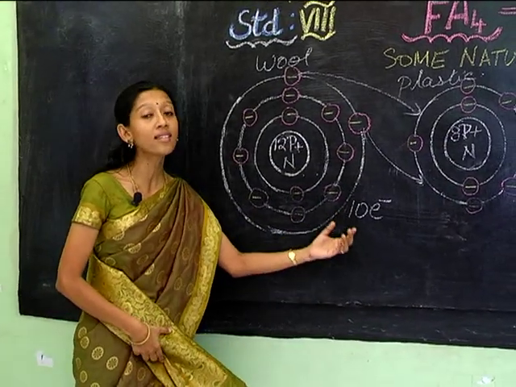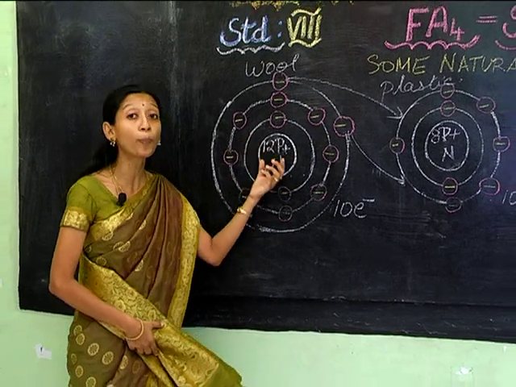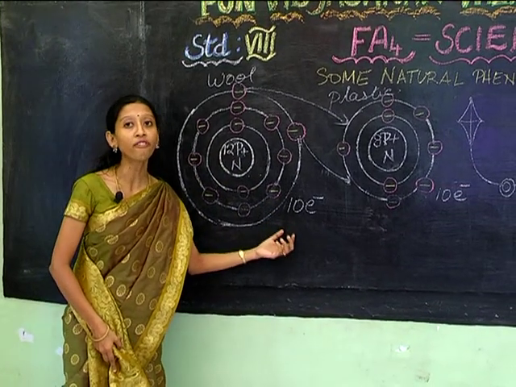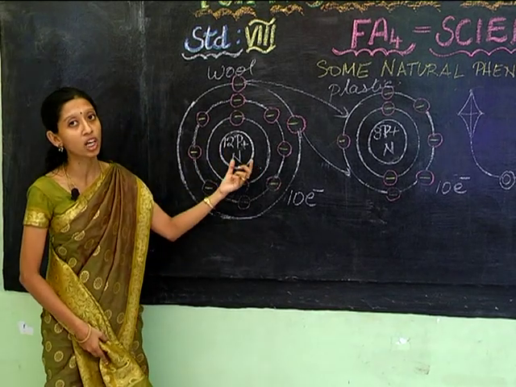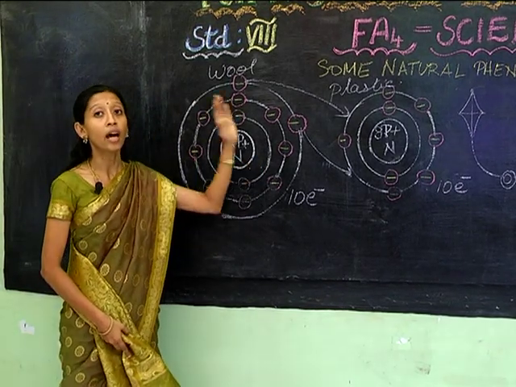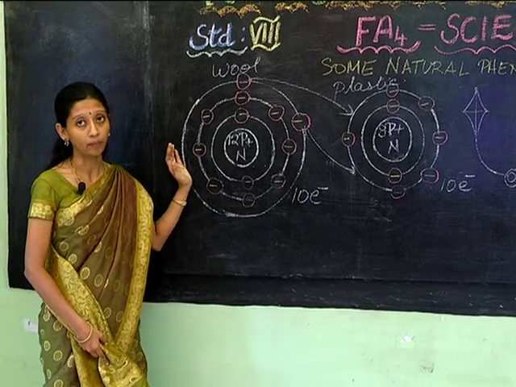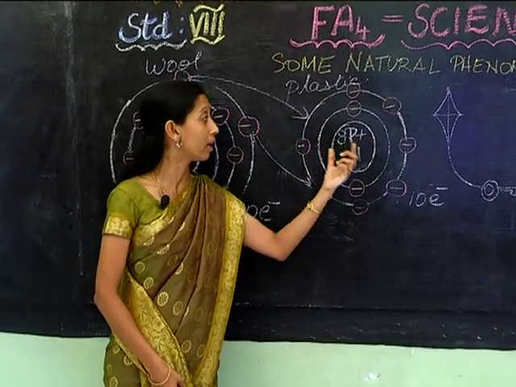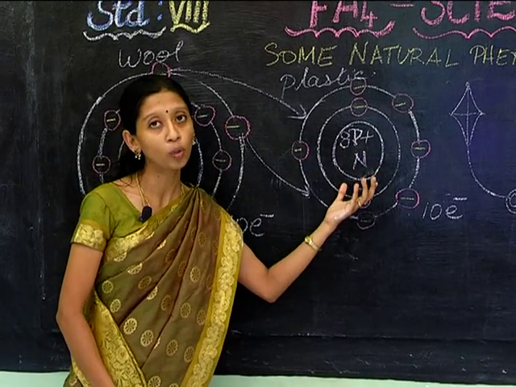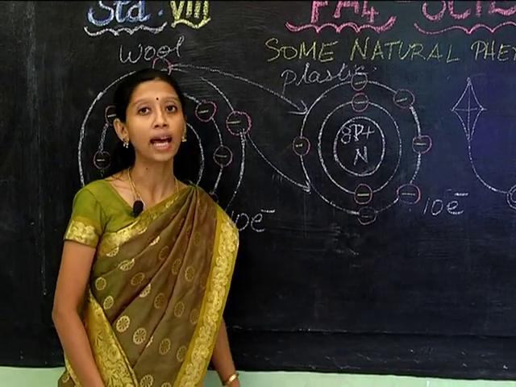So now this atom has more protons than the number of electrons. An atom which has more positively charged protons is said to be a positively charged atom. And the atom in which the number of electrons is more than the number of protons is said to be a negatively charged atom.